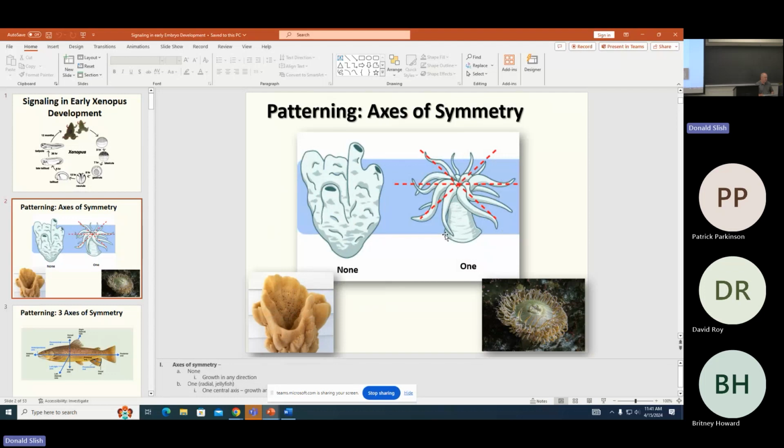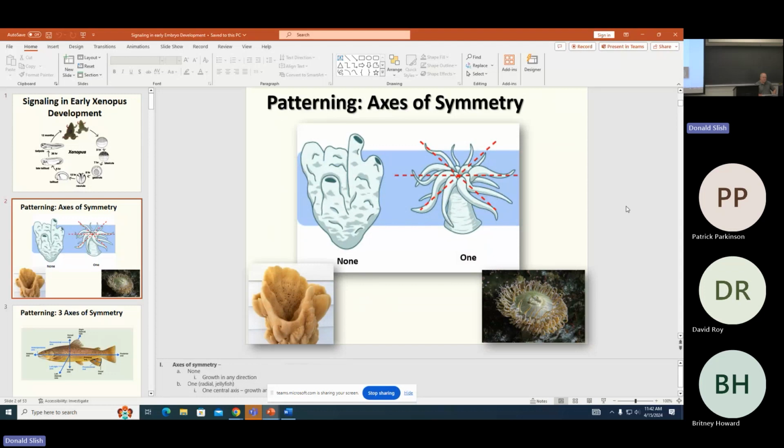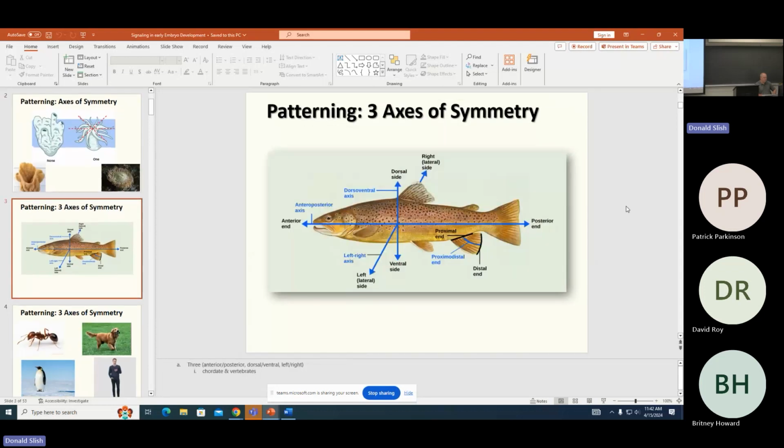Then you've got radial symmetry type animals where there's a central axis and it looks similar all the way around that central axis. That's one axis of symmetry. 3 axes of symmetry then is what vertebrates and chordates have.